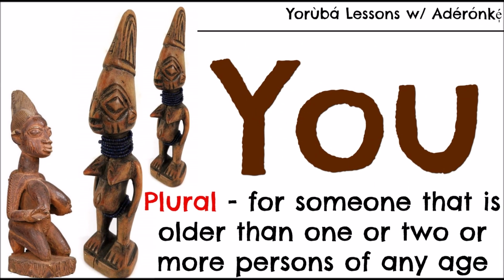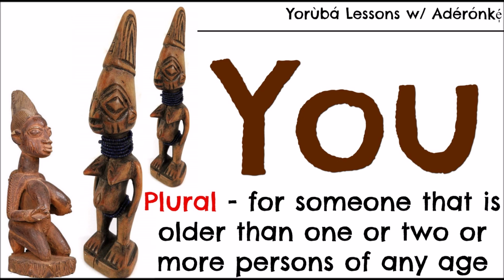Now this "you", I've kind of touched on it a bit earlier, is the plural you. It is the you that you would use when you are addressing two or more people. It's almost like a "y'all" kind of thing.